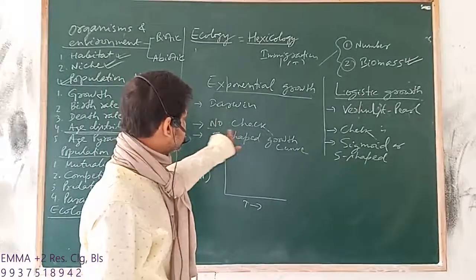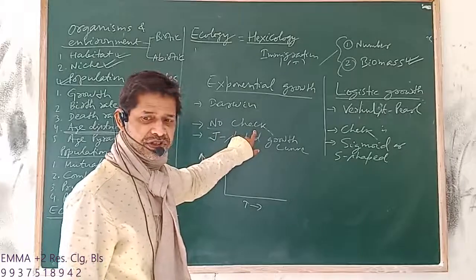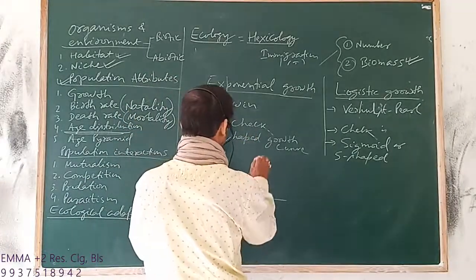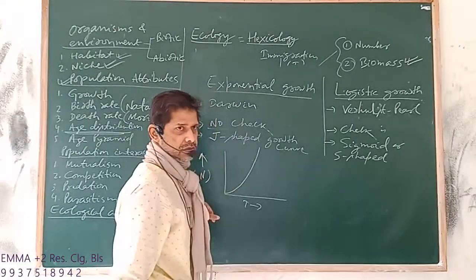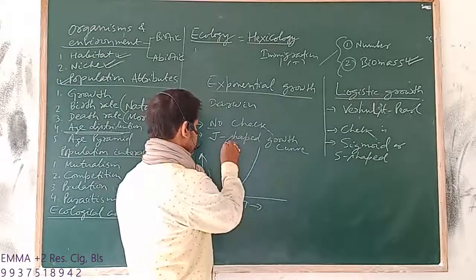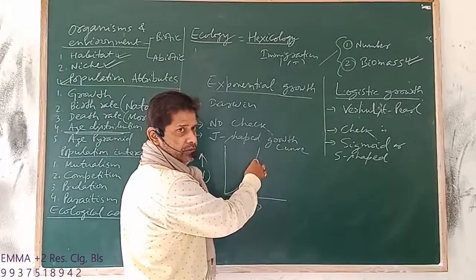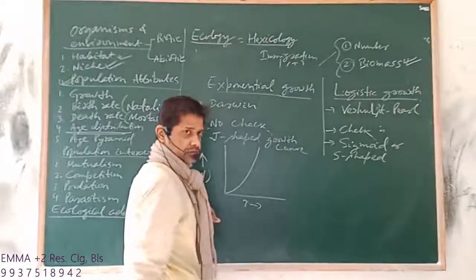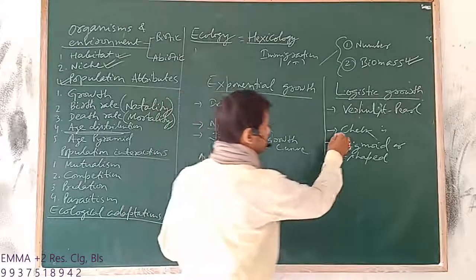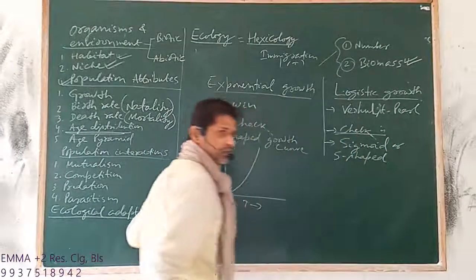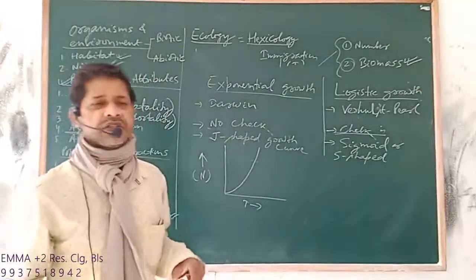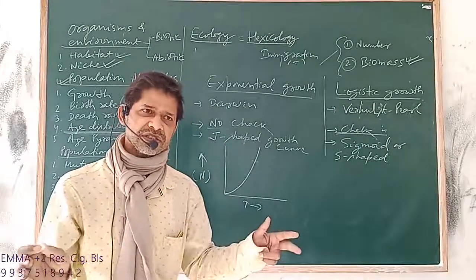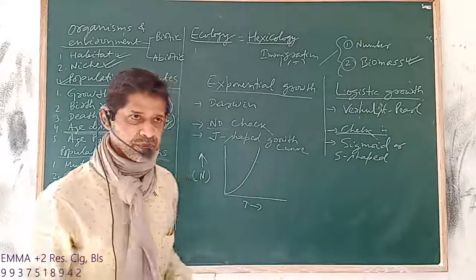When there is no check, that means resource is unlimited, the population will grow like this. This curve is a J-shaped curve. Now consider logistic growth curve. In logistic growth curve there is a check because nothing is indefinite, space is limited. That means that space has some carrying capacity.